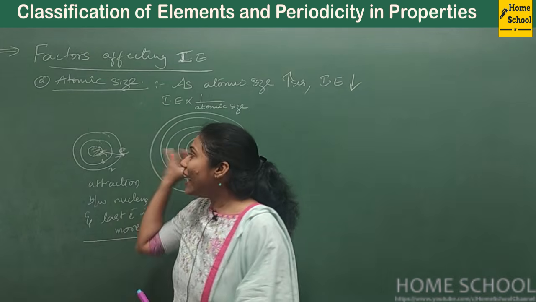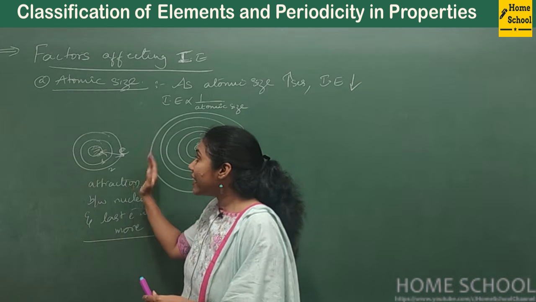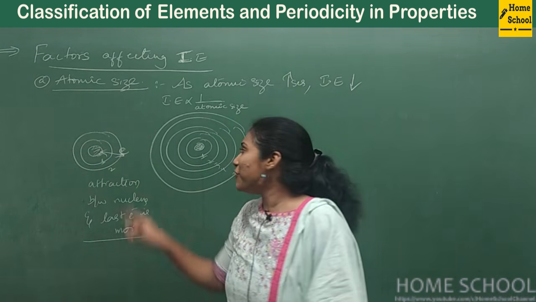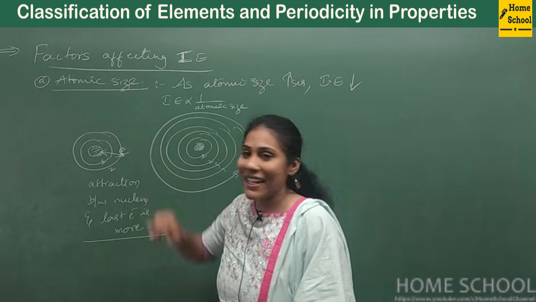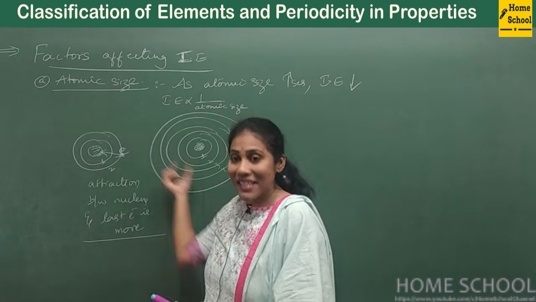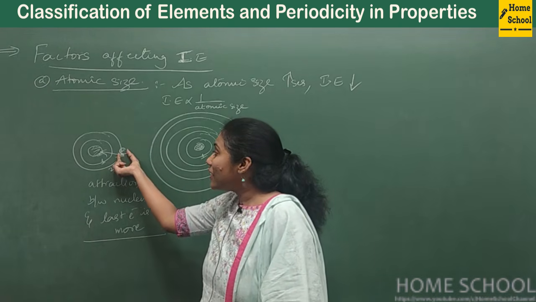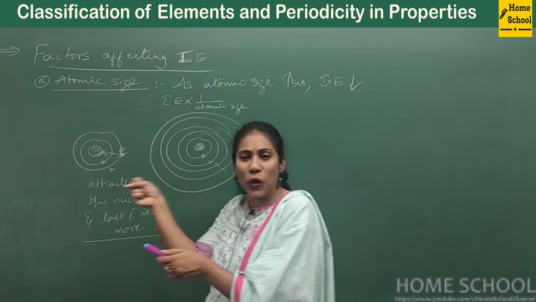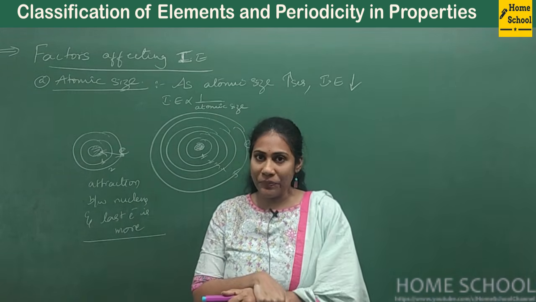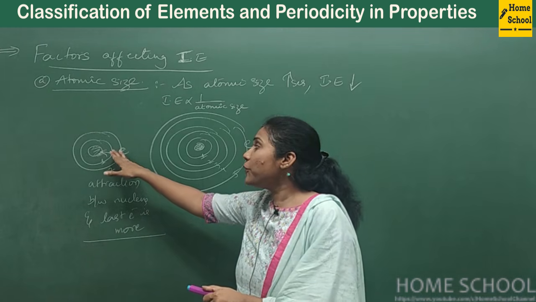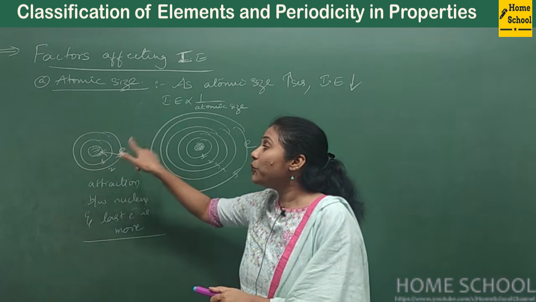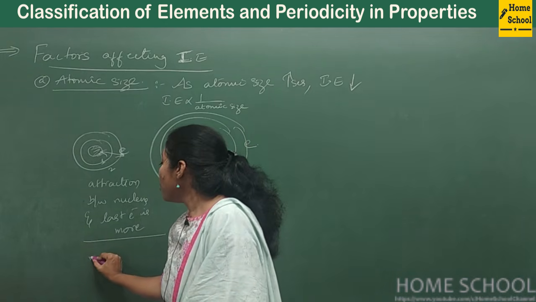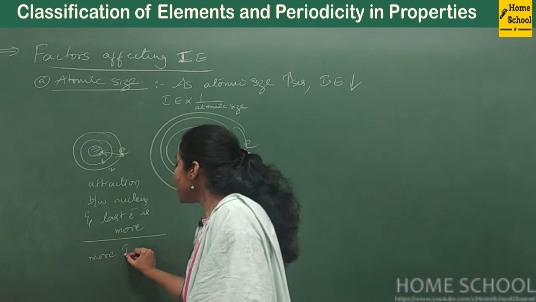To remove that electron which is in greater attraction with the nucleus, you need to spend high energy. You need to struggle to remove this electron, because the electron is more attracted towards the nucleus. The nucleus is holding the electron very tightly. So it's not easy to remove this electron. You need to spend more energy.